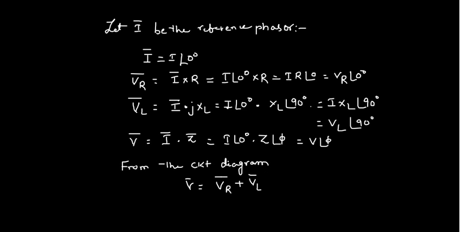So V bar plus VL. Now what we can write, the total V bar is equal to VR, which we have calculated, VR at an angle 0 degrees, plus VL at an angle 90 degrees.